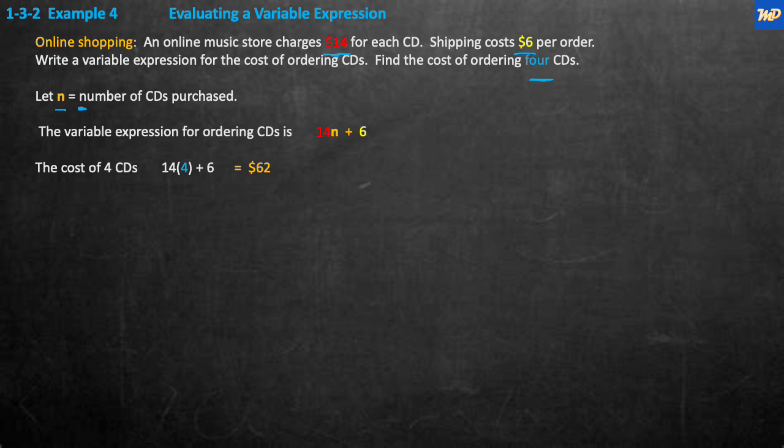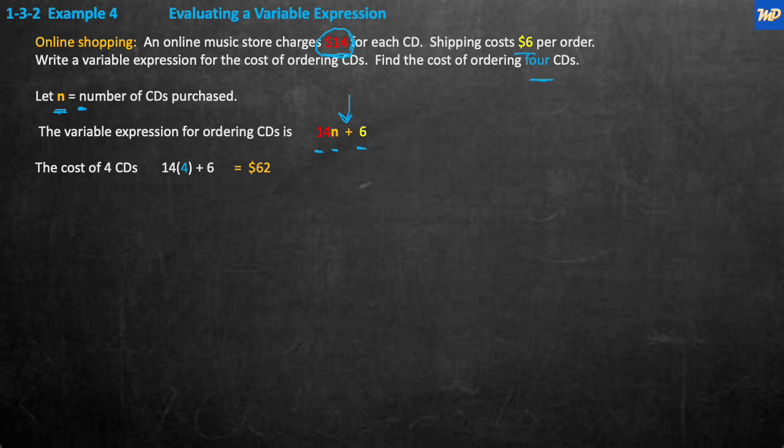And the variable expression for ordering CDs is 14, it's $14 each, right here, times the N number of CDs purchased, plus, as you see, the plus $6 per order. So that's an additional, like shipping cost, right? Shipping cost. You add that on. It's a plus value.